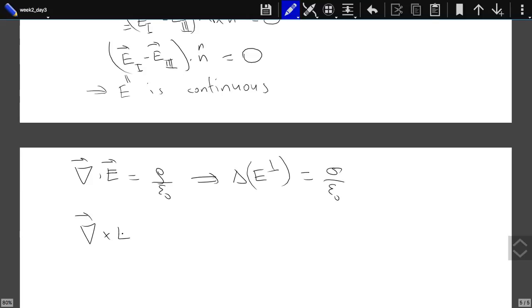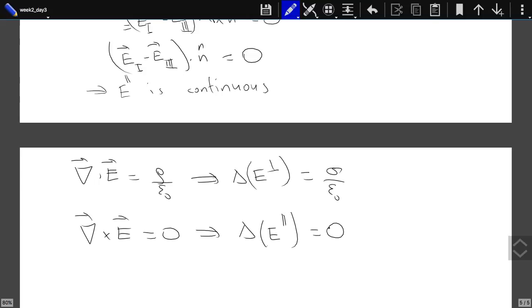And from the curl of the electric field, which we know is 0, we can say that the change in the component of the electric field parallel to the surface is 0.